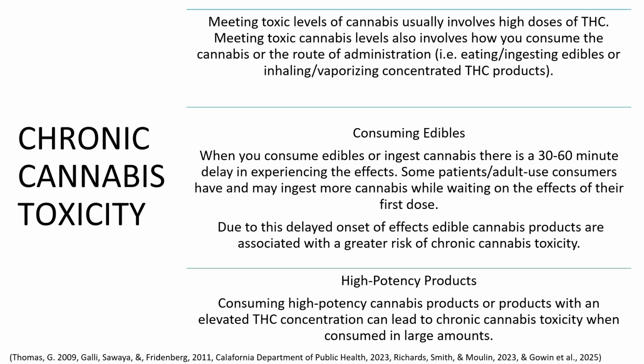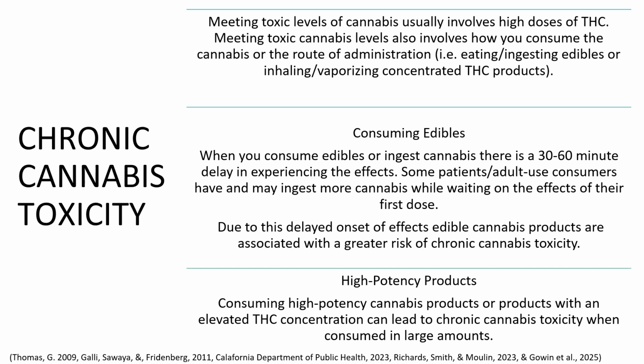Meeting toxic levels of cannabis usually involves high doses of THC. Meeting toxic cannabis levels also involves how you consume the cannabis, or the route of administration: eating or ingesting edibles, or inhaling or vaporizing concentrated THC products. Consuming edibles. When you consume edibles or ingest cannabis, there's a 30 to 60 minute delay in experiencing the effects.